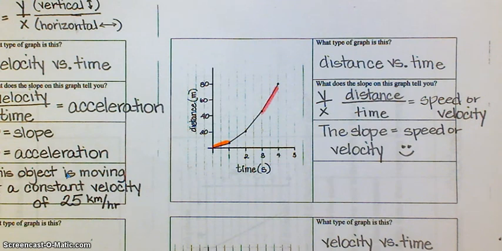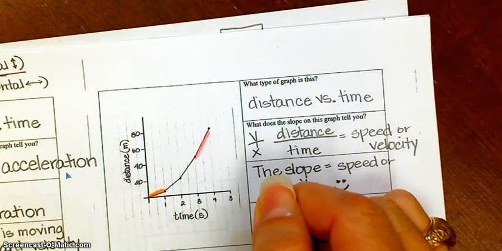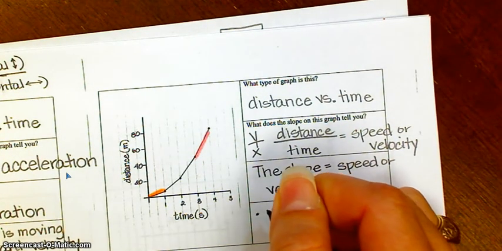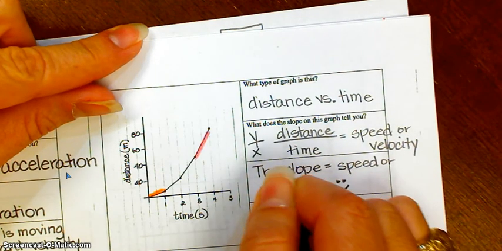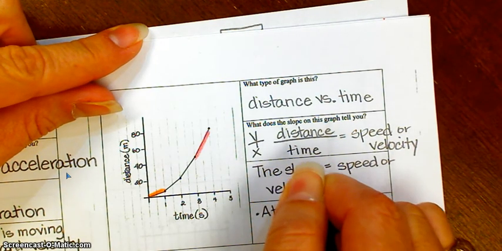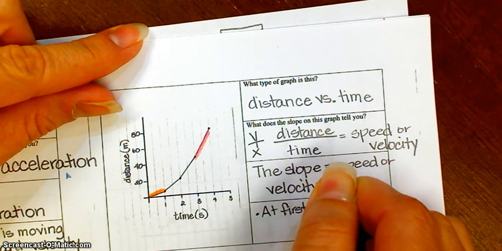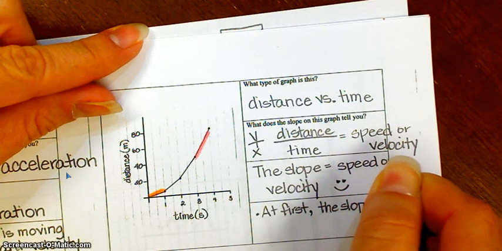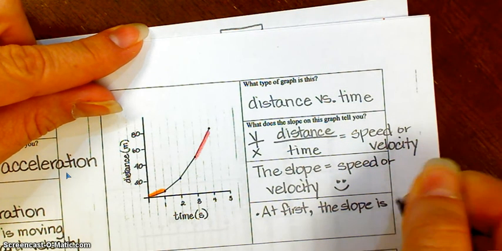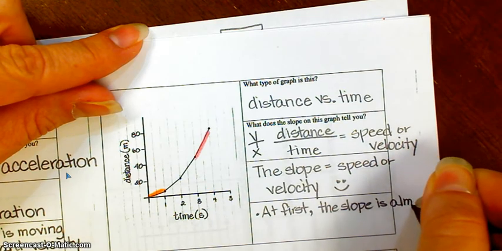All right, so let's describe the motion. We're not going to bother calculating specific parts of this. So at first, the slope is almost horizontal.